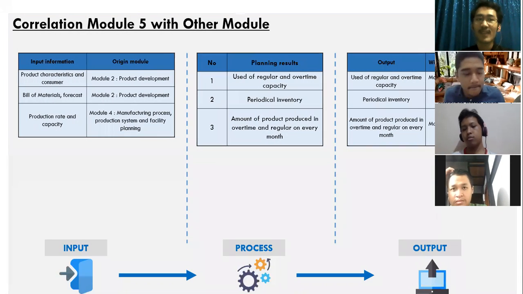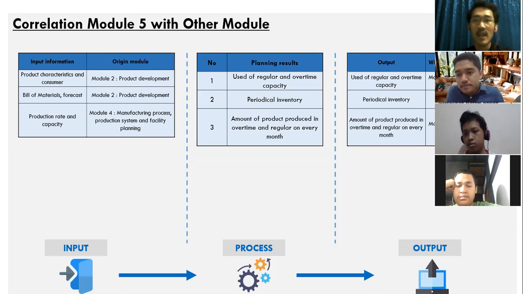Here we got the information of product characteristics and consumers, and also the bill of material, BOM 3, make or buy decision, and forecast from Module 2. We also have the input information of production weight and capacity that will be used in calculating the productivity in this module.